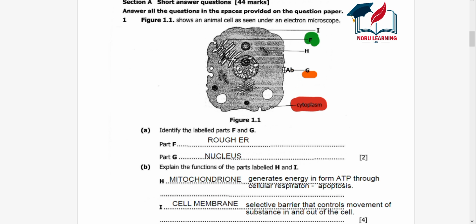I talked about the molecules that are here: these ribosomes, mitochondrion, rough ER, smooth ER, the nucleus there. Then from there, what is it that we know about a plant cell? Then we are set to start answering these questions.